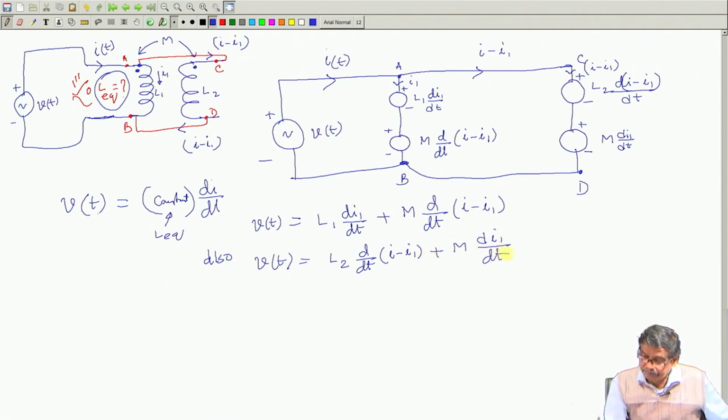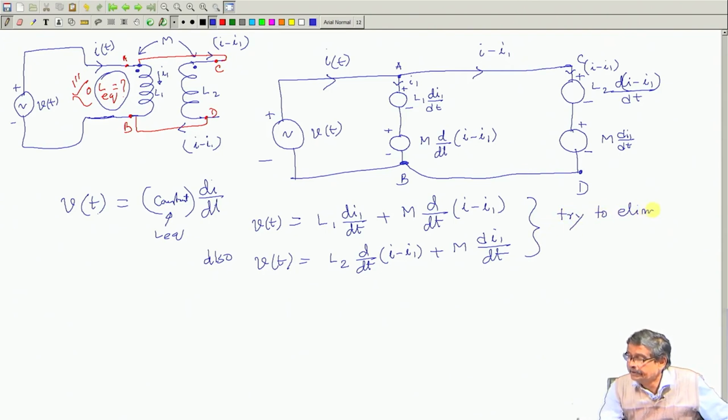This will be the thing. So, what is to be done? From these two equations, you have to eliminate I1.